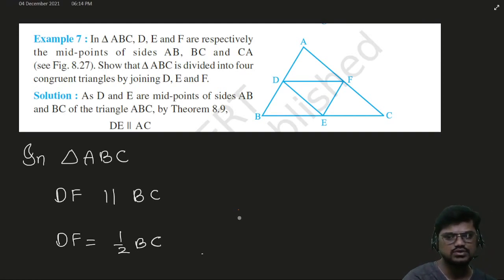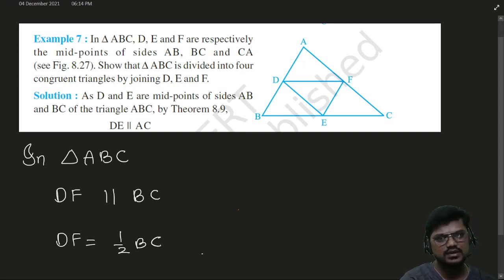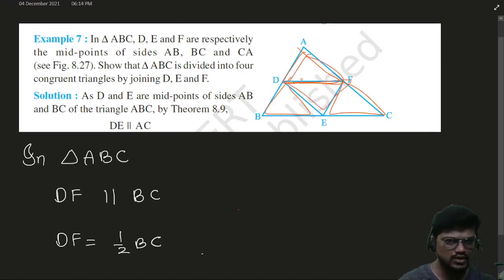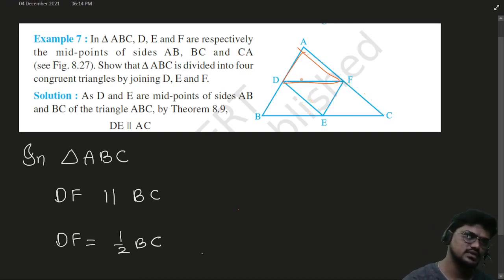Sir, in this the DEF triangle is there, and they have proved it congruent with all the other three. Yeah, all the triangles are congruent to each other. That's what we are going to prove. This triangle and this triangle are congruent, this triangle and this triangle are congruent, and this triangle is also congruent to all the three triangles.